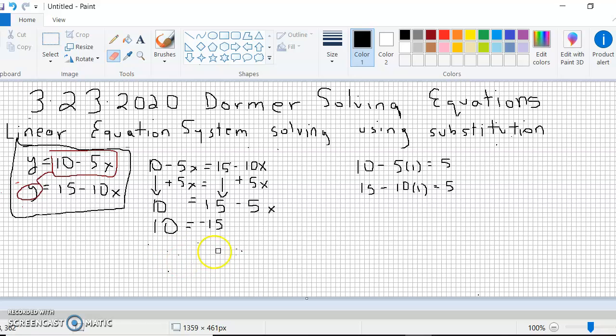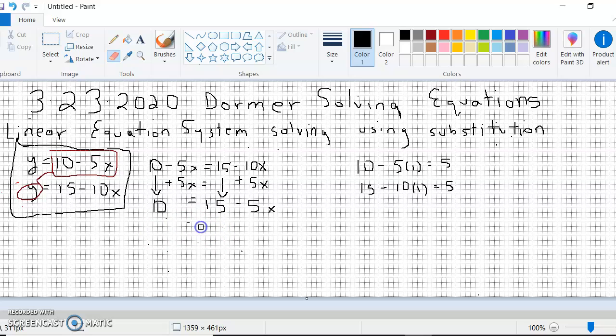And now I have 15 on this side, so it'll be 15 minus 5x. Okay, so I jumped a little bit ahead of myself here. Okay, so hopefully everyone can see that.